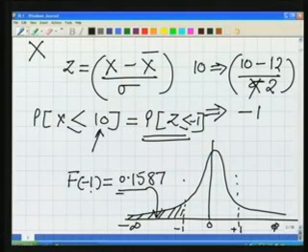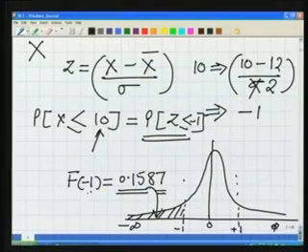So, as we have seen from the table, the value of the distribution function for the standard normal curve corresponding to minus 1 is 0.1587. What is the meaning of this?